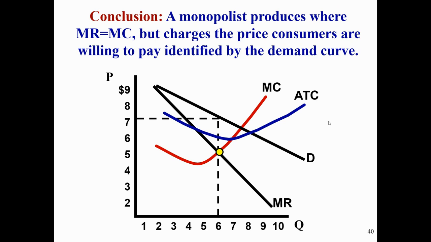So the conclusion: a monopolist produces where marginal revenue is equal to marginal cost, but charges the price consumers are willing to pay, identified by the demand curve. So if I go here, I know that on my demand curve, people are willing to pay 7. Even though I can produce at 6, my average total cost would be 6, I can sell at 7, I know I'm getting profit.